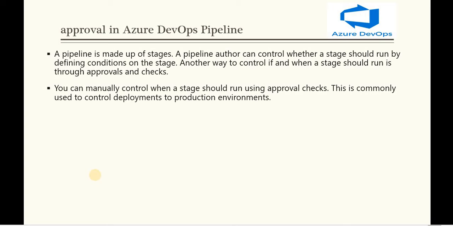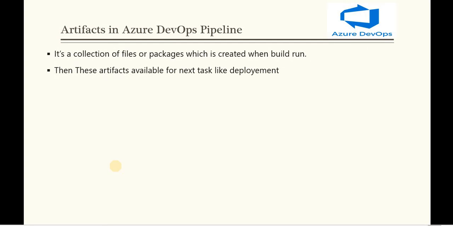We can even manually control when a stage should run using approval checks. This is commonly used to control deployment to the production environment. As I said, if we are going to deploy our code into production or any higher version, we need the approval of the top management. That kind of thing is handled using approvals in Azure DevOps.